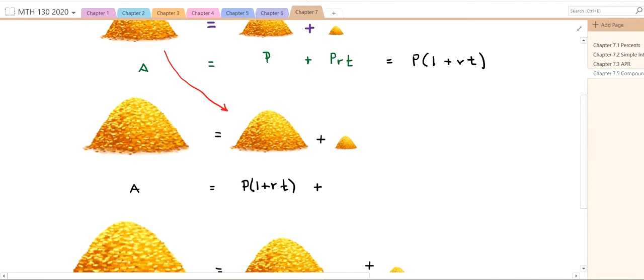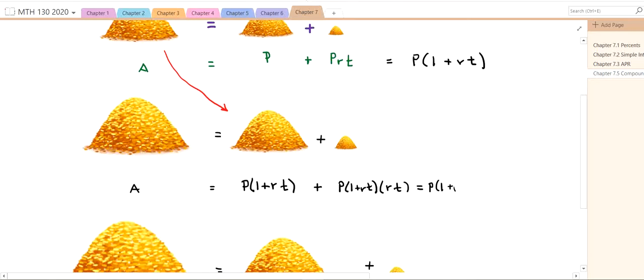It's a little larger than P because it's multiplied by this value, but it's still our new principal. So we start out with this value, and then we multiply it again by RT.